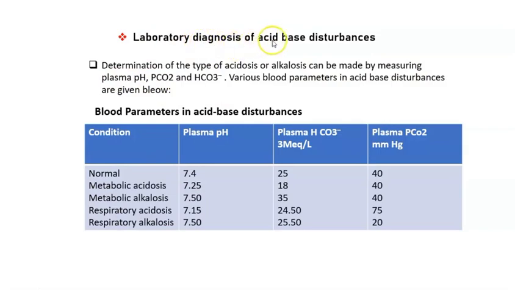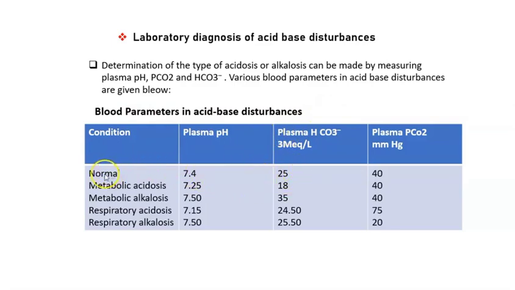We will be looking at the determination of the type of acidosis and alkalosis using our plasma pH, pressure CO2, and HCO3. Knowing the level of these in blood plasma will help you to diagnose certain diseases that are related to this condition.